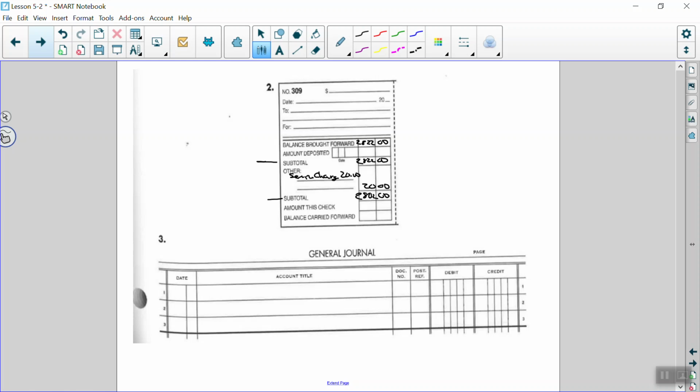All right, now, we got it in our checkbook. Now we have to put it in our journal so we can get it into our accounts. So the date we did this, because this is the first transaction, I'm gonna put 2018, August 29. And I think in the book they tell you the account, but this kind of fits into the miscellaneous expense.